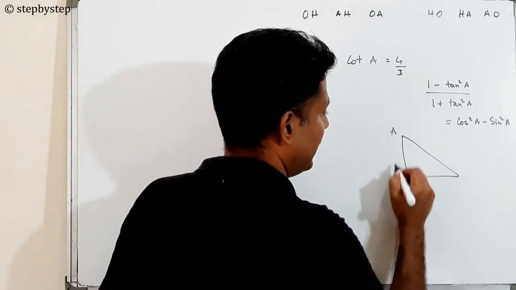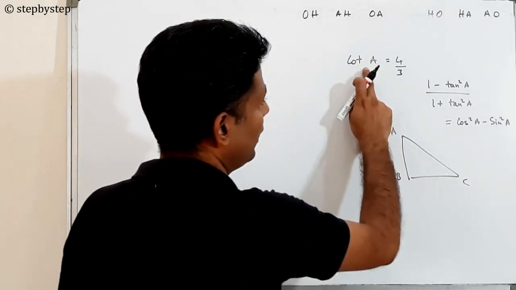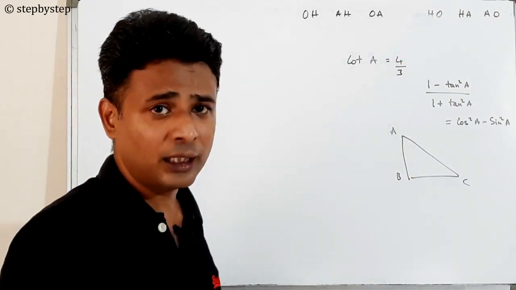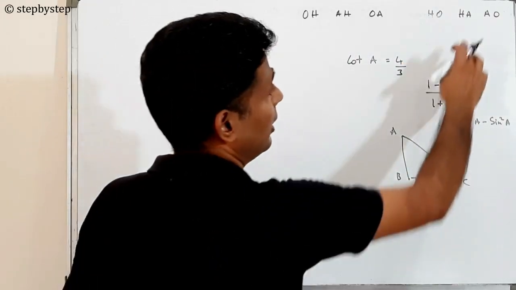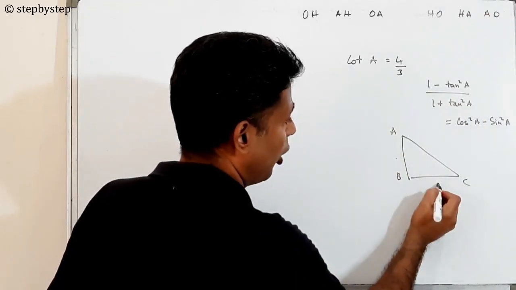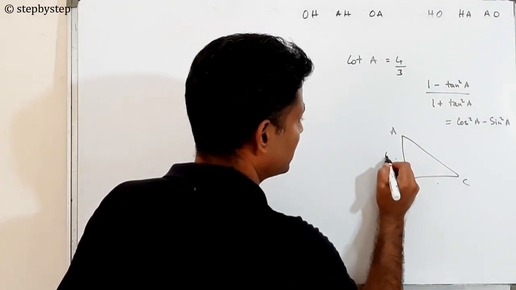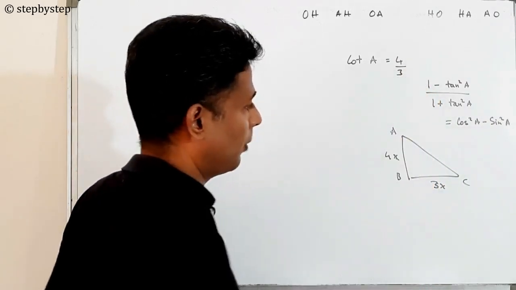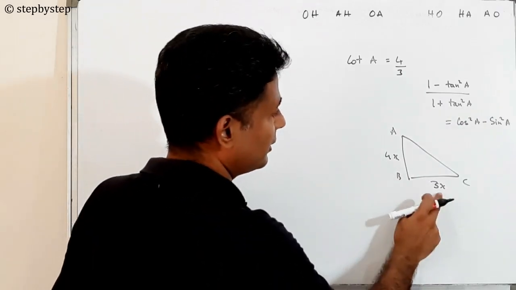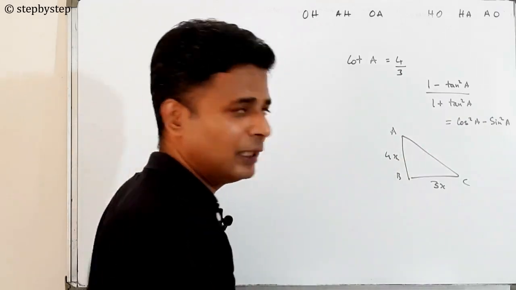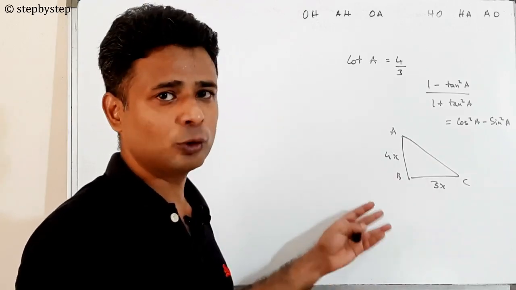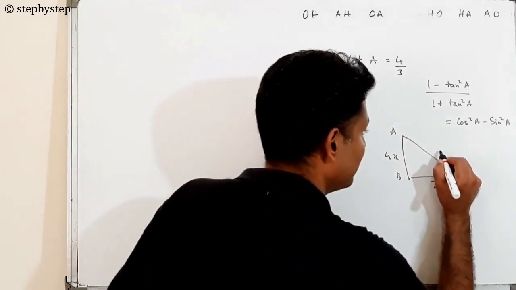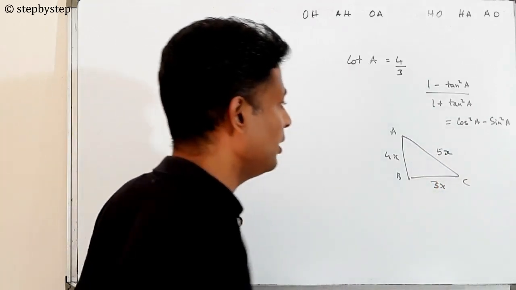Now let's say this is A, B and C. What is cot A? 4 by 3. What is cot? Adjacent by opposite. So adjacent is 4x and opposite is 3x. Now we get the third side using Pythagoras theorem. Since we have practiced so many problems, we know that this will become 5x.